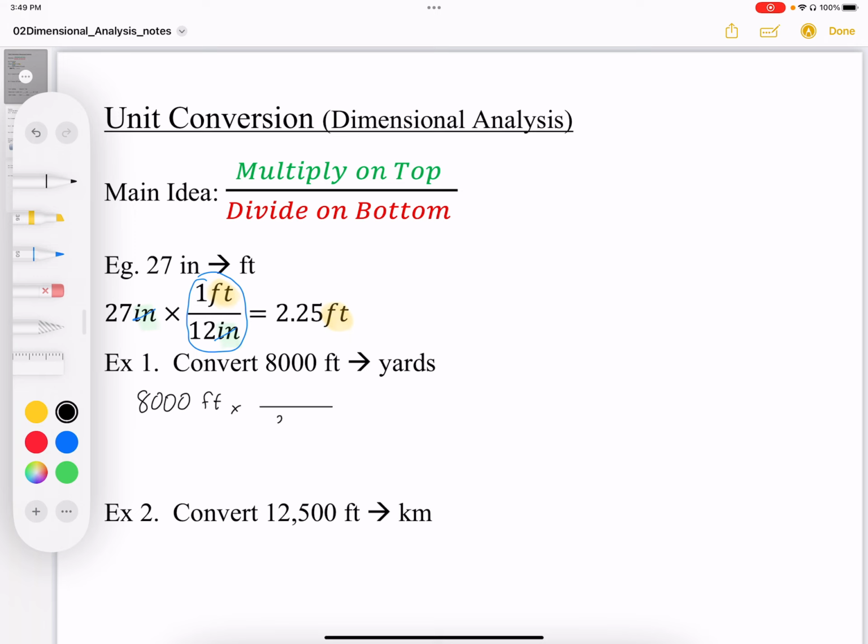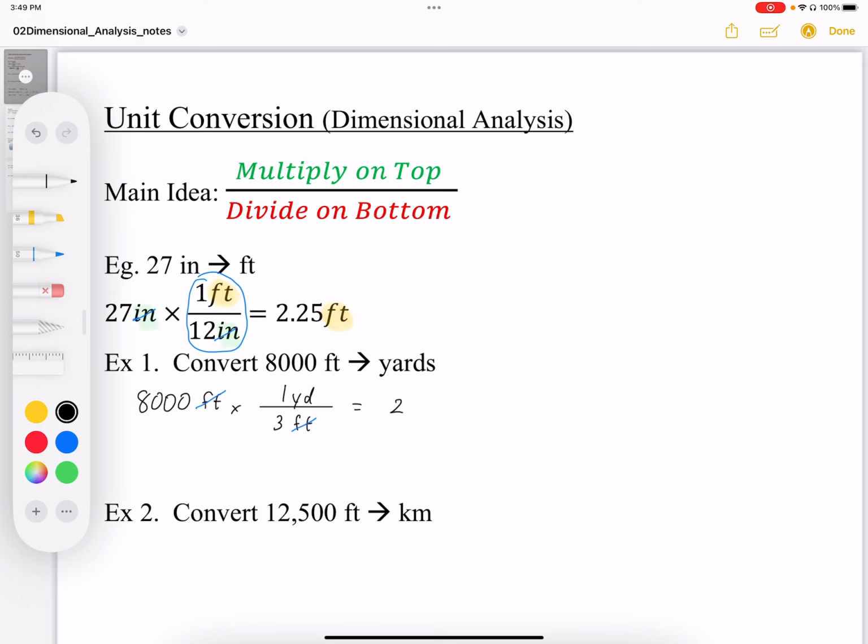So I have 3 feet on the bottom, 1 yard on the top. We can see that the feet on top and the 3 feet on bottom cancel out. And then I can do 8,000 times 1 divided by 3.